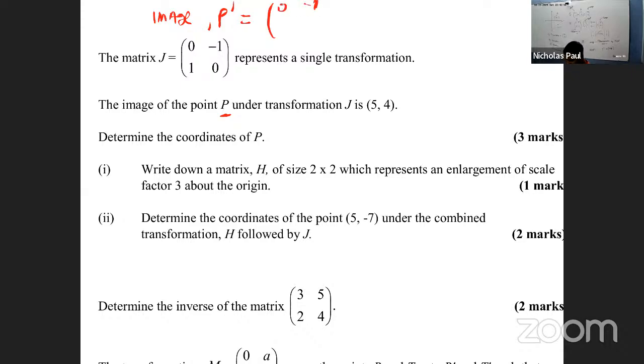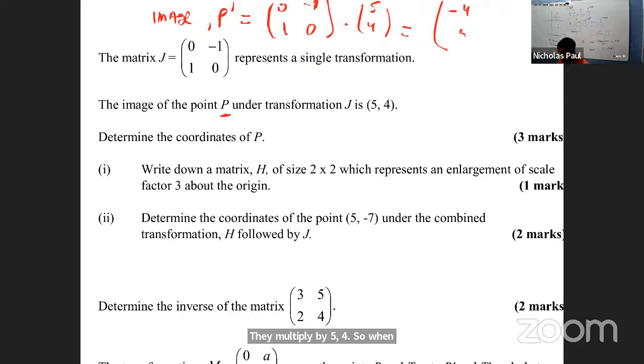The image of P would be, say, multiply by 5, 4. So when you multiply, you get minus 4, 5. Yes, anybody get that? Minus 4, 5.